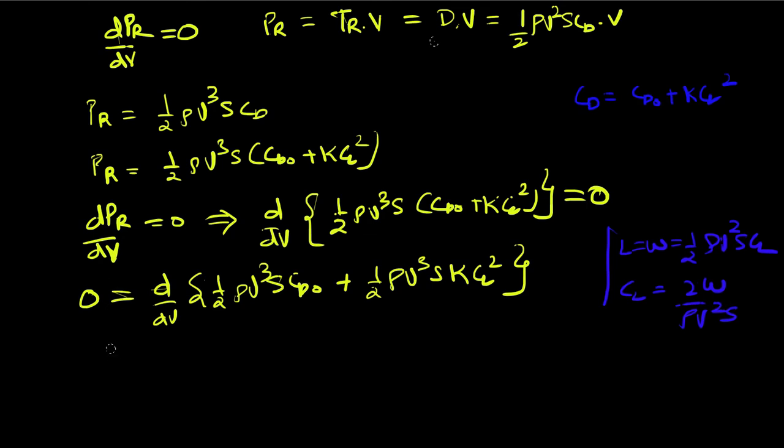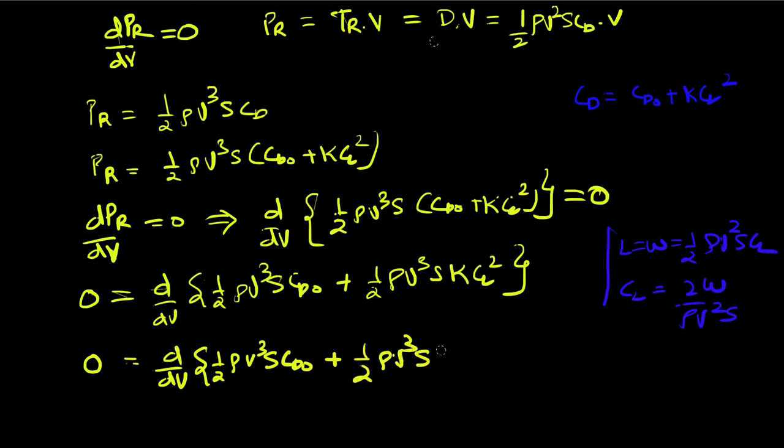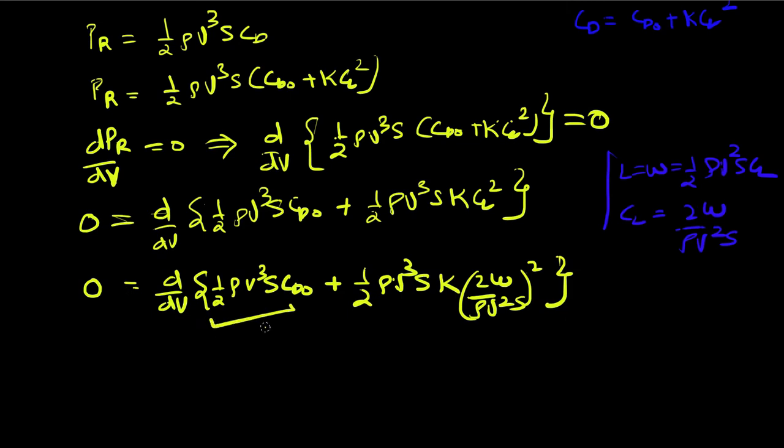So using this value, we will get 0 is equal to d by dV of half rho V cube S CD naught plus half rho V cube S into k times the whole square of 2W by rho V square S. Now let this be term 1 and let this be term 2.